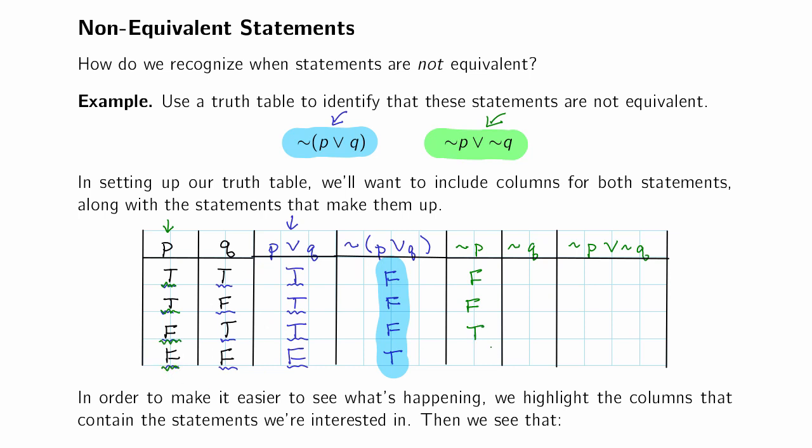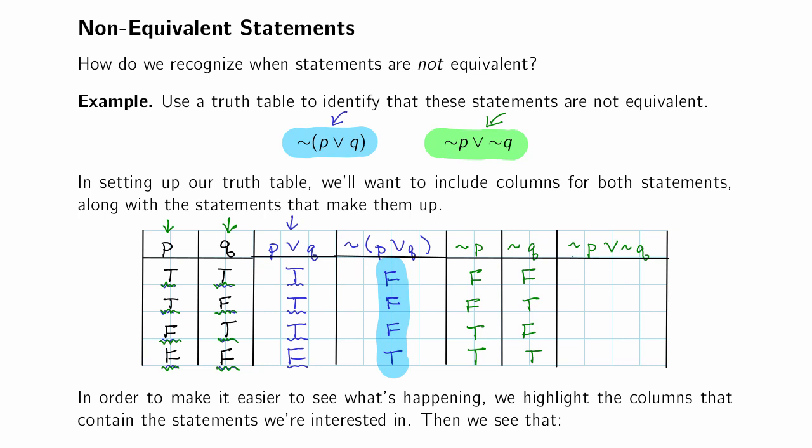The opposite of false is true. Not Q, we do the same thing with the Q column. Not true is false. Not false is true. Not true is false. Not false is true.